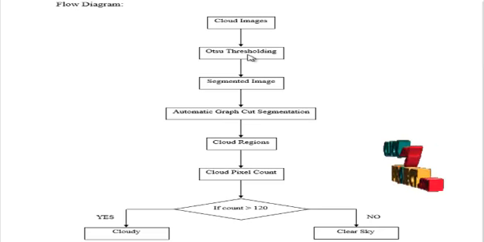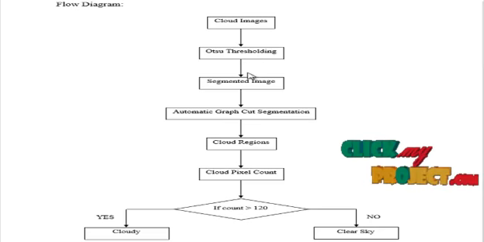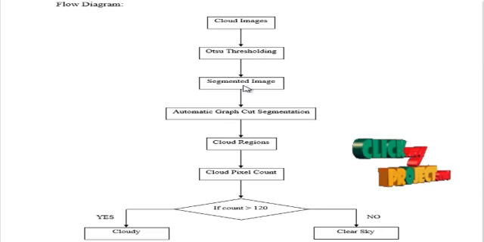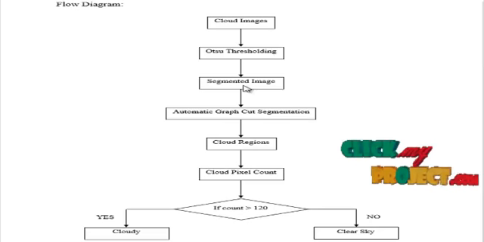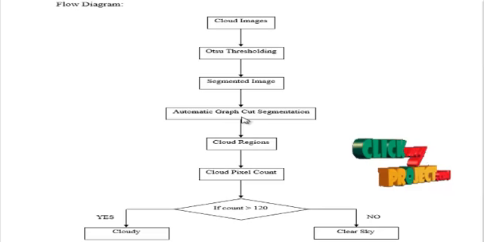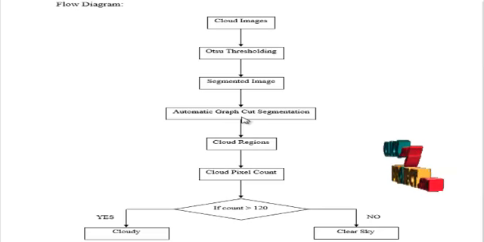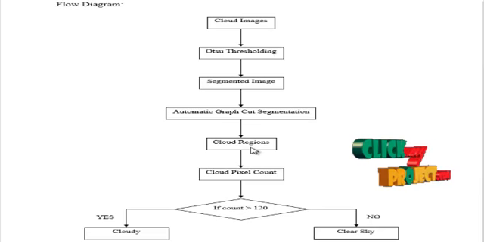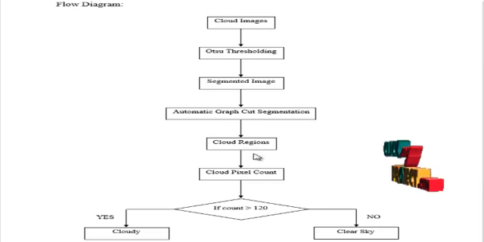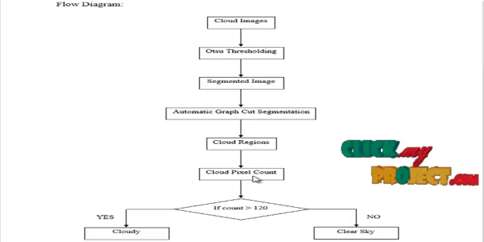After that, Otsu thresholding is applied in order to obtain the segmented image that contains the cloud and the sky pixels. After that, automatic graph cut segmentation is employed in order to identify the cloud regions exactly from the input images. Finally, the cloud pixels are counted.